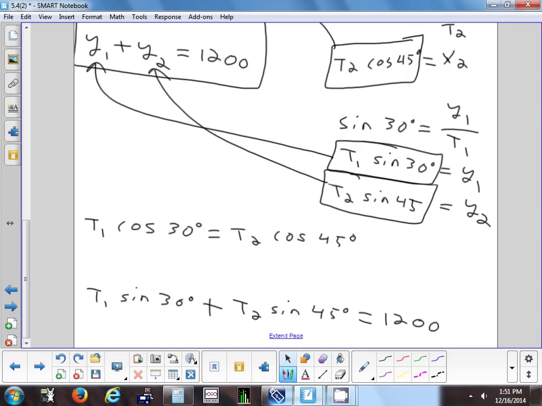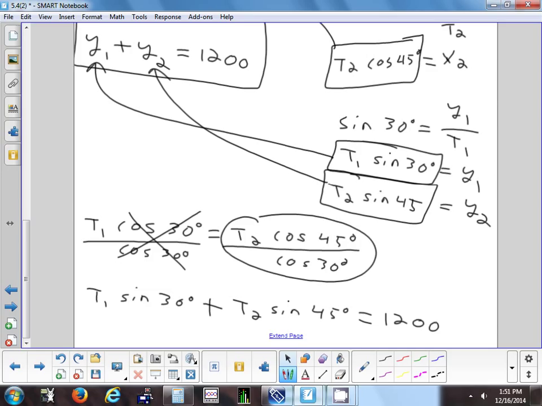Sure, we could get T1 by itself. Let's do it that way. How would you get T1 alone? Divide by cosine 30. Divide by cosine 30. That's gone. Now you've got a formula right here for T1. So once you find T2, all you have to do is plug it in. But let's find T1.